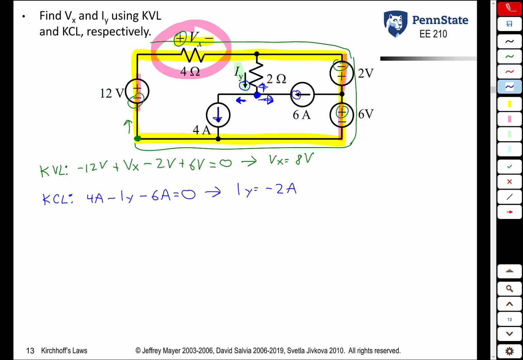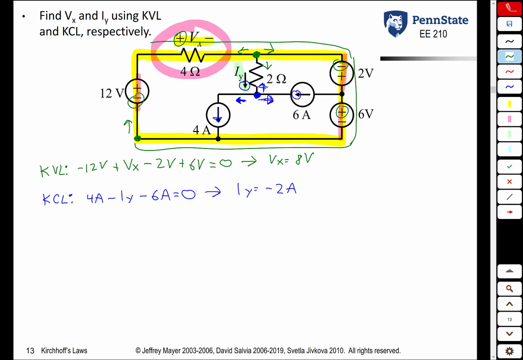If I sum the currents entering the node, I would get a similar equation: minus 4 plus Iy plus 6 equals 0. You would still get the same answer, Iy equals minus 2 amps. One thing I should point out: if I try to do KCL at this green node up here, certainly that current plus that current plus that current does equal 0.